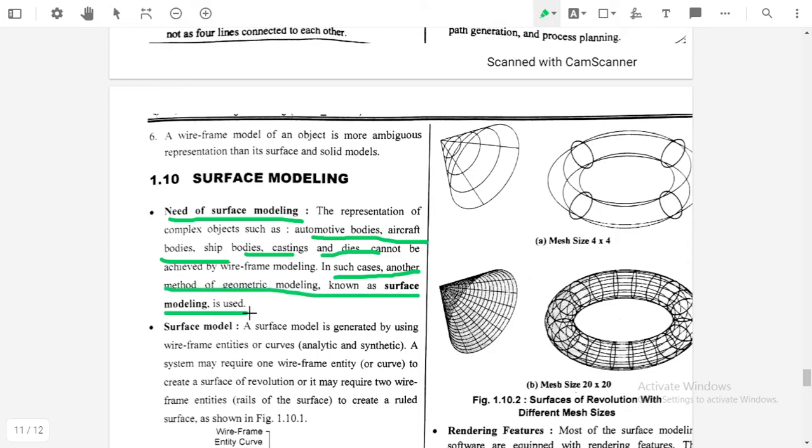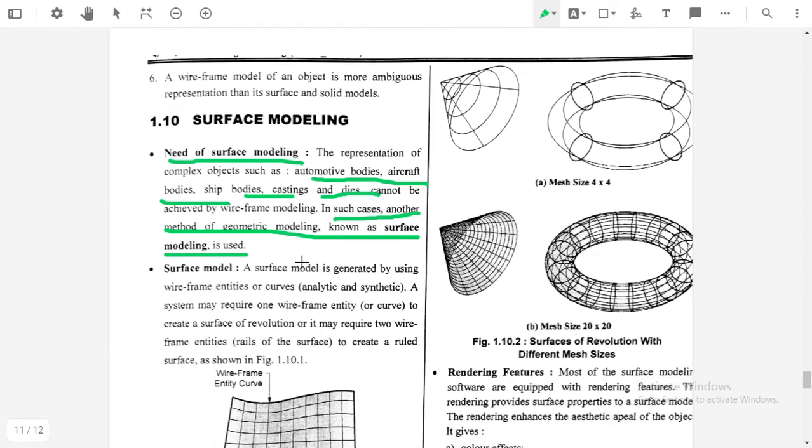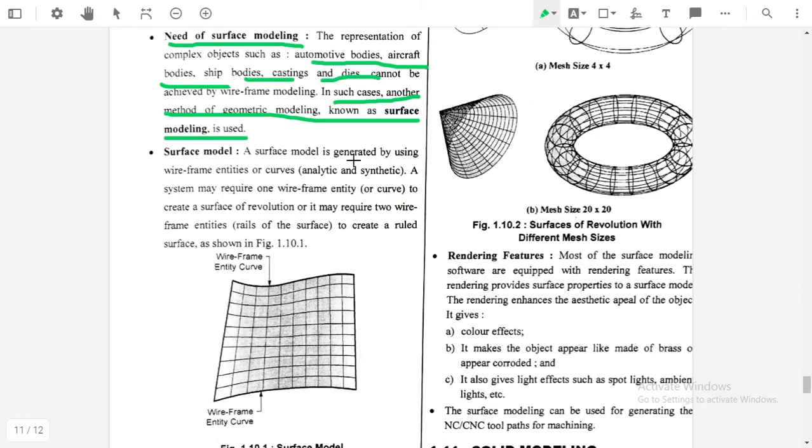The surface model is generated by using wireframe entities like curves. There are two types of curves, analytical curves and synthetic curves. By using them we can generate the surface model.